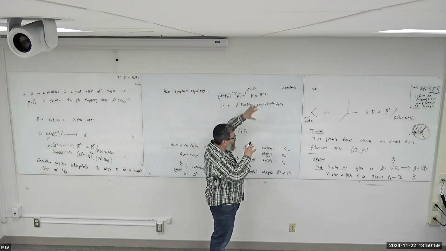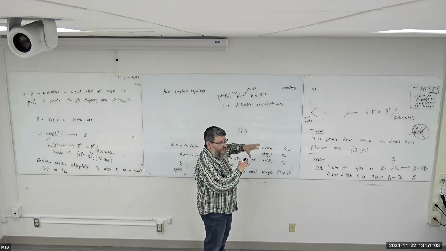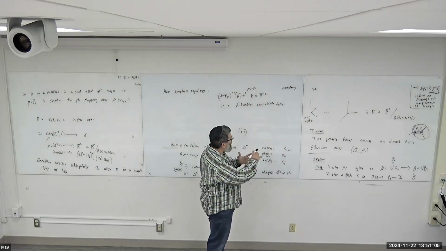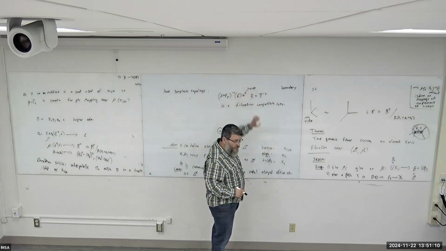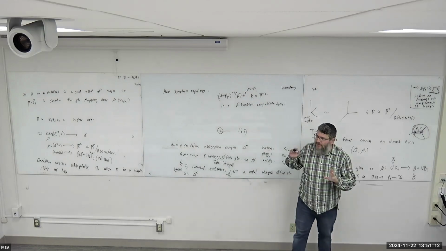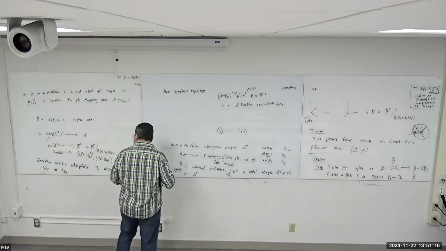We turn this into an S2 plus S2 and use some kind of Gromov theorem. But this Gromov theorem moves the divisors, and then we need to move them back in order to get this statement about R cross T2. So that's the sketch of the proof of this.